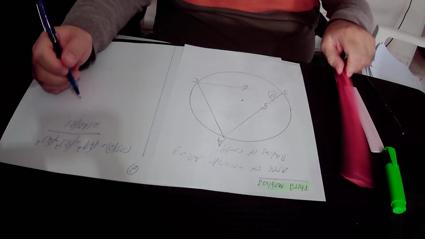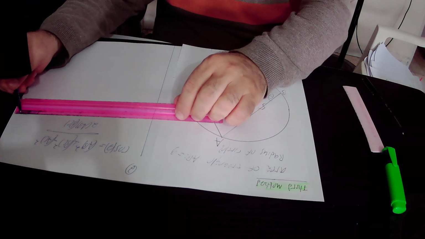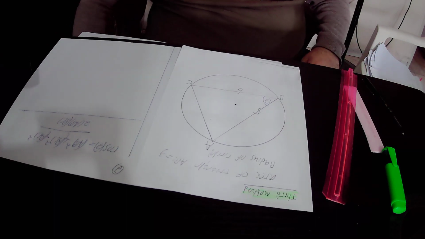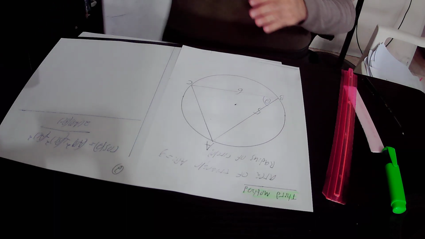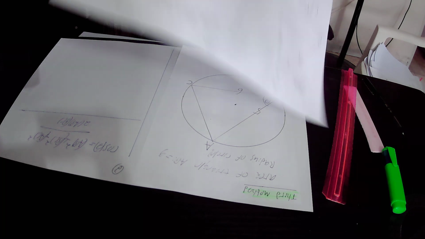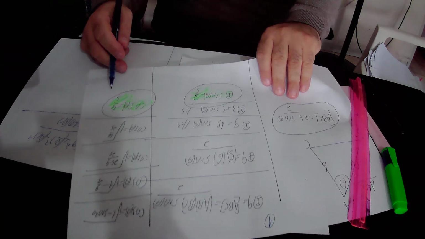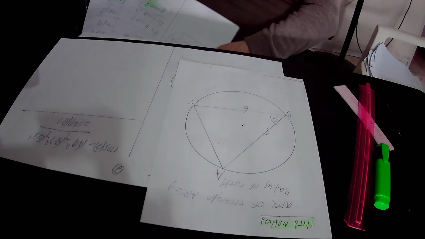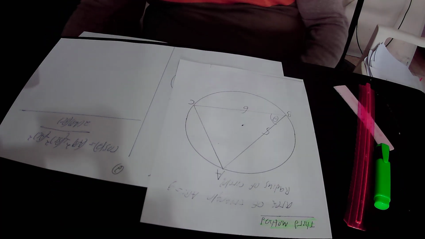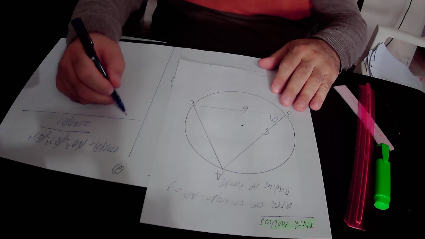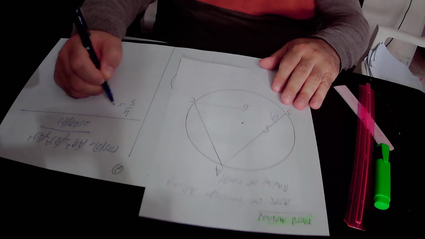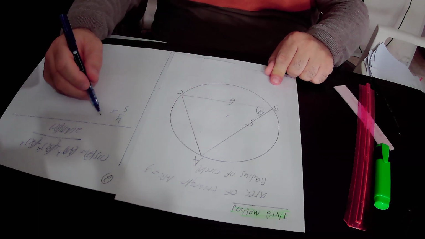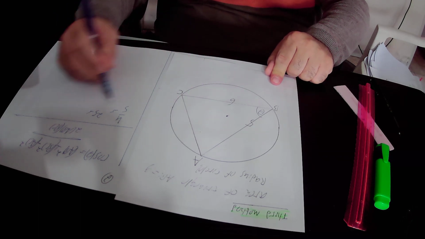Actually, we have already found out that cosine theta equals 4/5. So we substitute cosine theta by 4/5, and it is equal to AB squared. AB is 5, so AB squared is 25, plus BC squared.